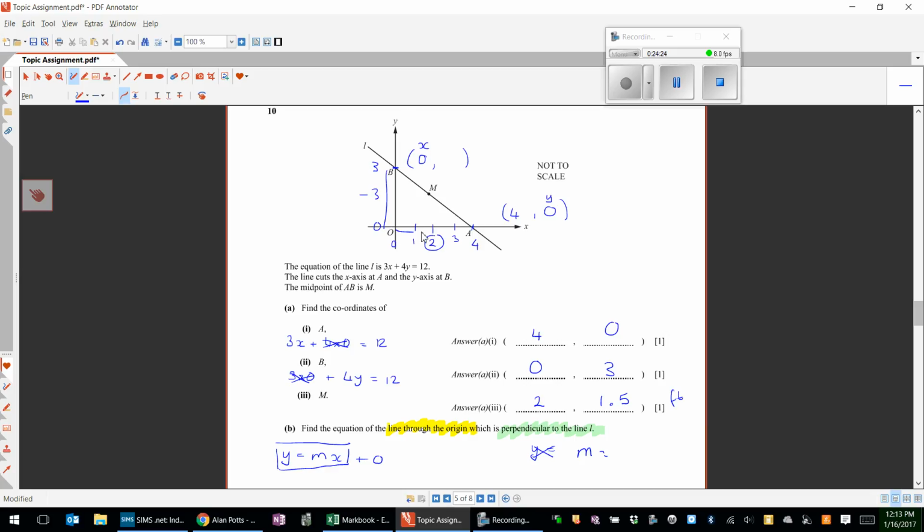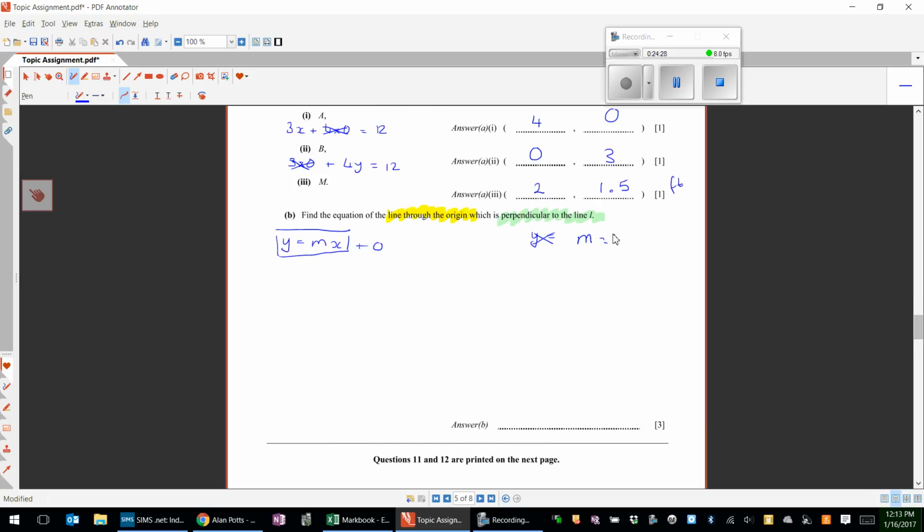So it's negative 3 over 4. So therefore this one needs to be y equals 4 over 3x. That's your answer.